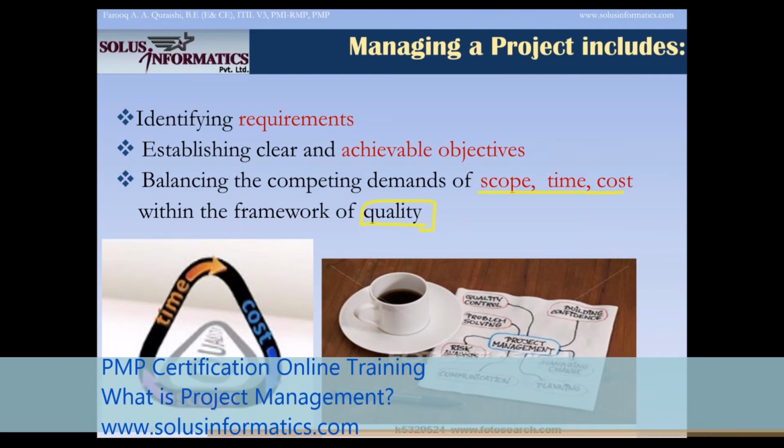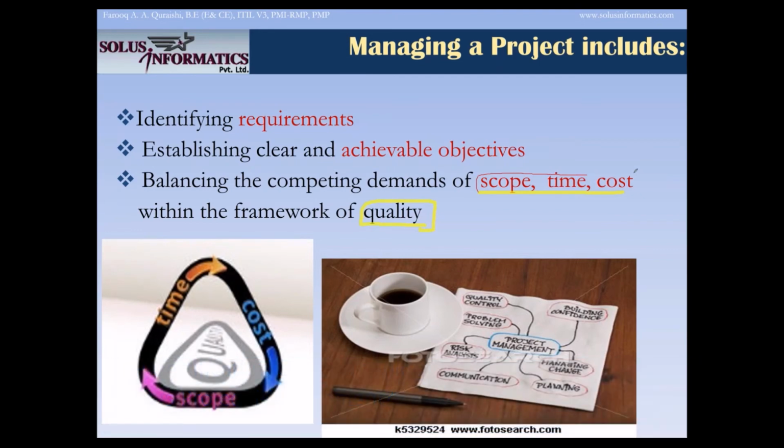Scope, time, and cost are called the triple constraint, because these three terms are interrelated. If you touch any one of these three, it impacts the other ones as well.